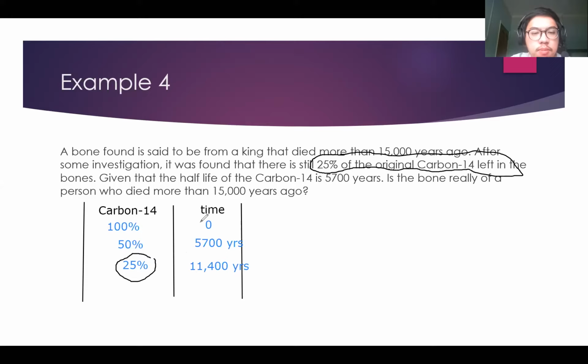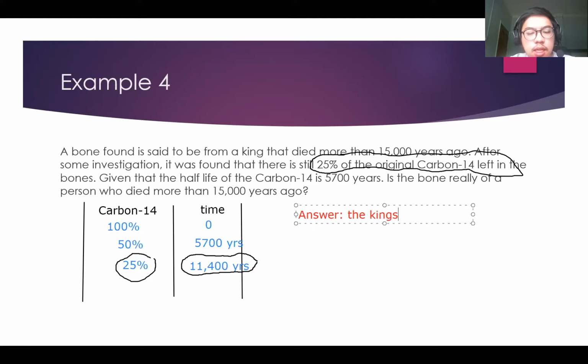So how much time has passed since the king died? The amount of time is this one here. Okay, so that's our answer. Let's just write that down. So answer, the king died 11,400 years ago and not 15,000 years ago as was stated.